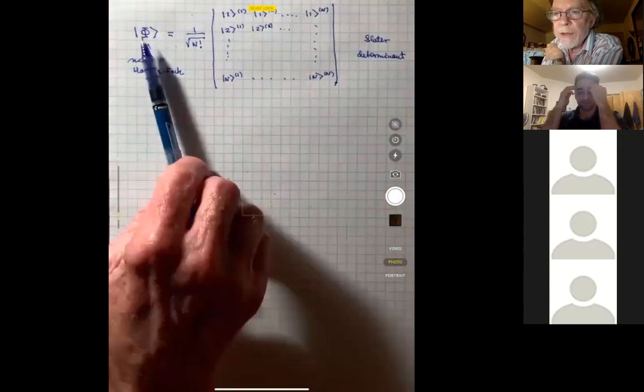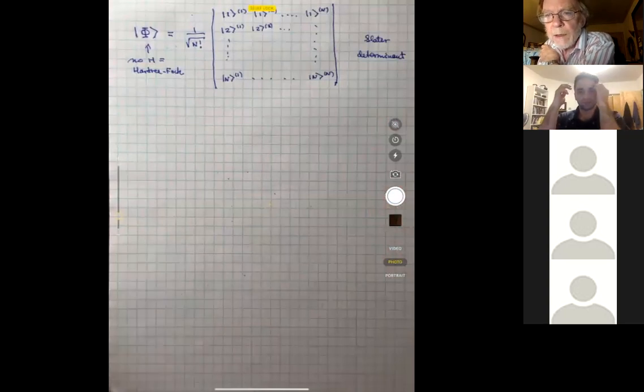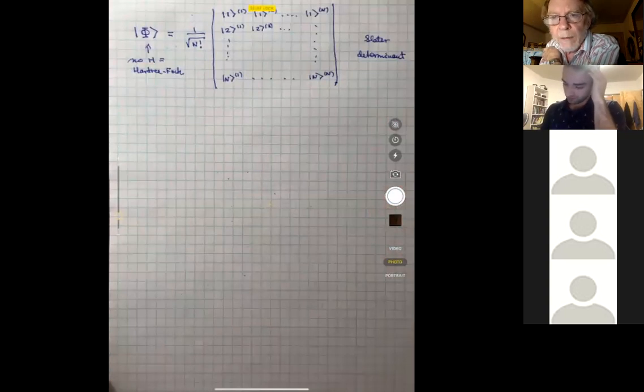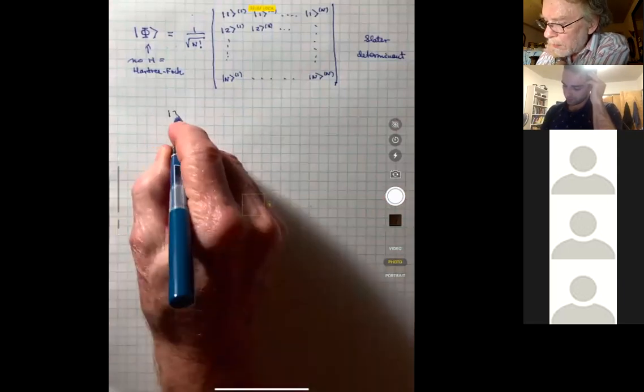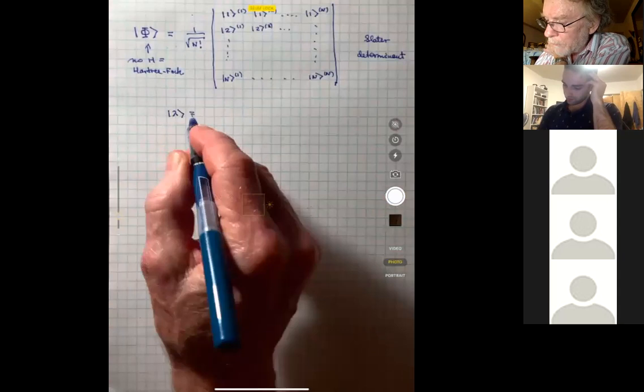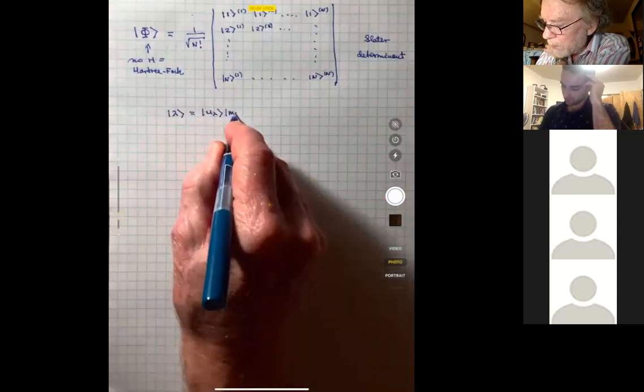So phi changes sign upon any such swap. This is set up in such a way that phi is a physical state. It satisfies the symmetrization postulate. It is not a single product of single particle orbitals, but a linear combination of n factorial such products. All right, so this is the Hartree-Fock state. Now the individual orbitals themselves are just like in the Hartree theory. They're a spatial part times a spin part, m_s lambda.